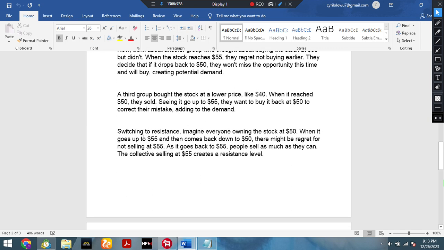Switching to resistance, imagine everyone owning the stock at $50. When it goes up to $55 and then comes back down to $50, there might be regrets for not selling at $55. People sell as much as they can. The collective selling at $55 creates a resistance zone.